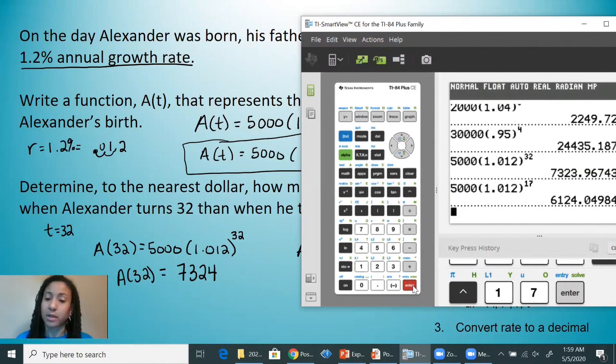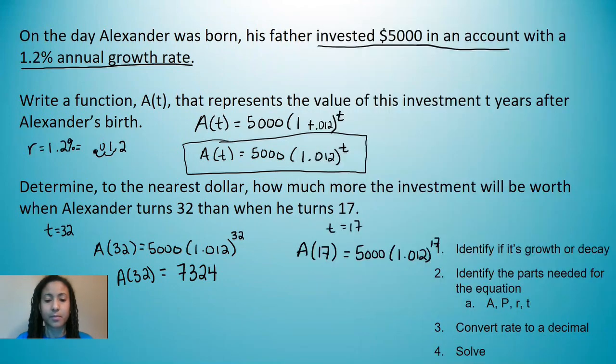Now, if I wanted to look at this to the nearest dollar, what will that one be? 6124. Now, what do I do with these two numbers?